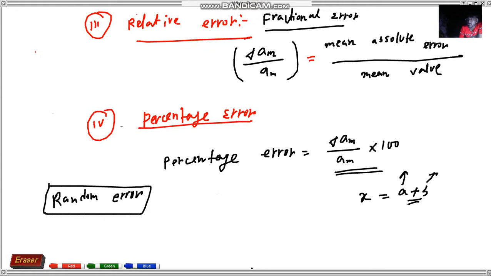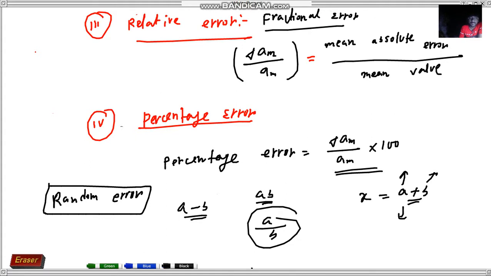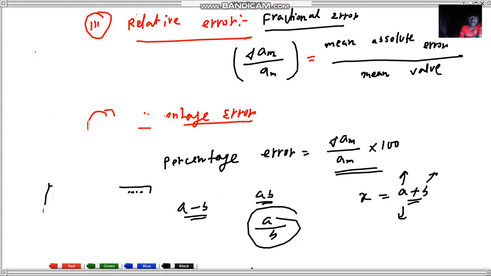So the error in a and the error in b will also be added. So we have to find the error in this combination also. Similarly, it can happen for the multiplication or division of two quantities, or the subtraction of two quantities. So there is something called the combination of error, and we have to discuss it.